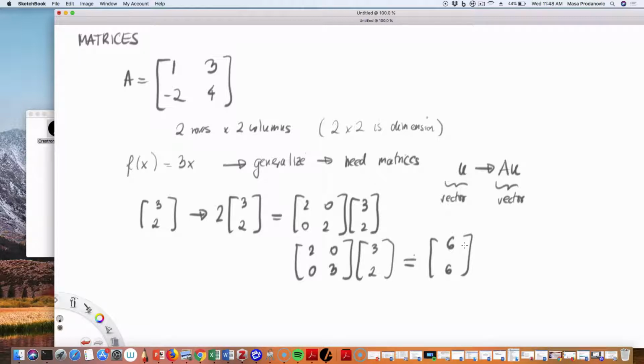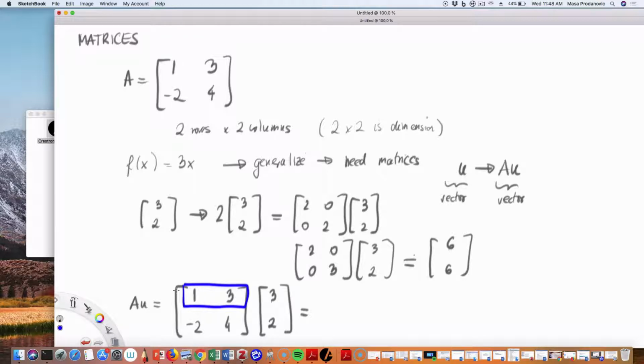So how do I multiply a matrix and a vector? More generally, let's say that I have my A that I had here, which is 1, 3, minus 2, 4, and U. So the operation that is defined as a multiplication: first thing, I'm going to take my U vector, which was 3, 2. And I'm going to take the first row, interpret it as a one-dimensional vector, and do a scalar product with this column vector U here.